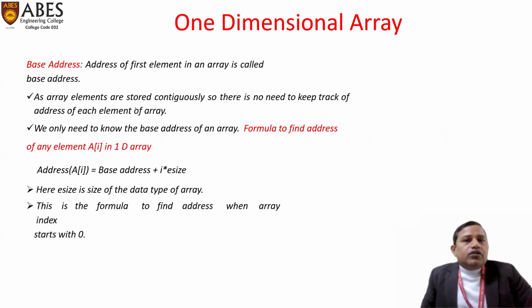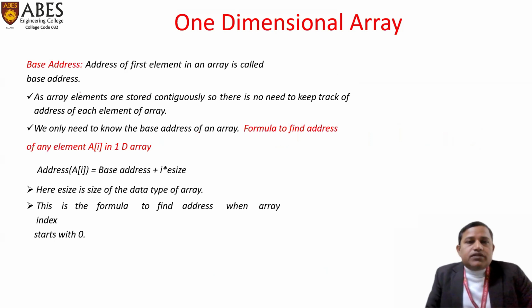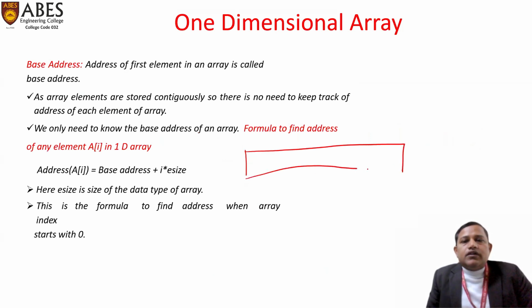First, we need to know what the base address is in a one-dimensional array. If we represent a one-dimensional array in memory, it looks like this, and this is the name of the array. Suppose its base address is 100.